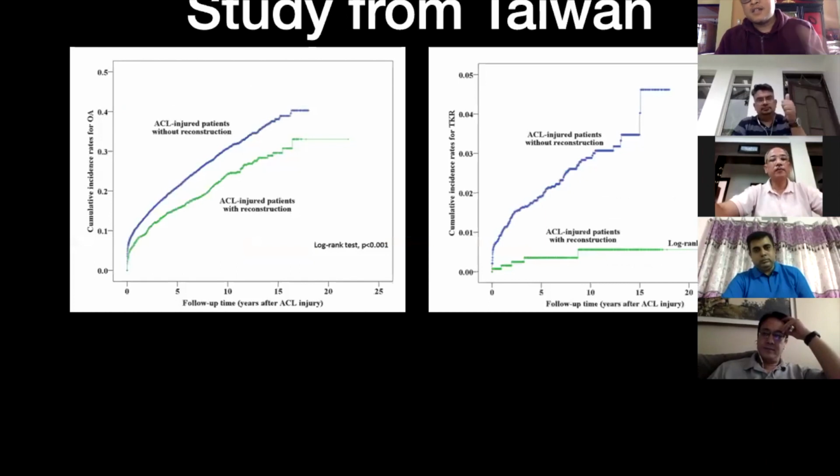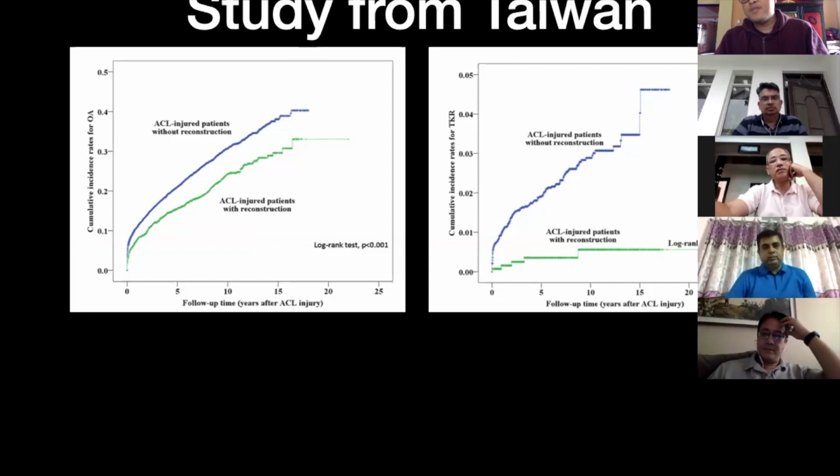And this is another study from Taiwan, which showed that ACL injured patients and ACL injured patients with reconstruction had almost similar patterns of osteoarthritis, but the ACL reconstructed patients had very good stability in the knee joint.